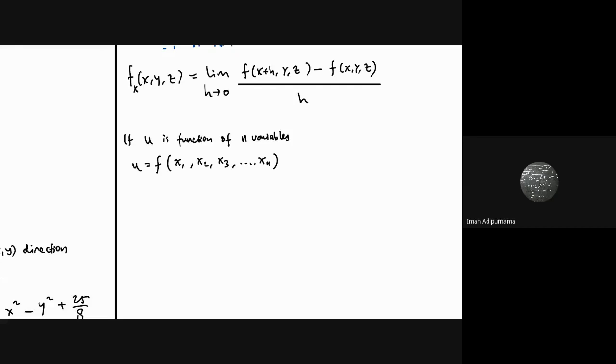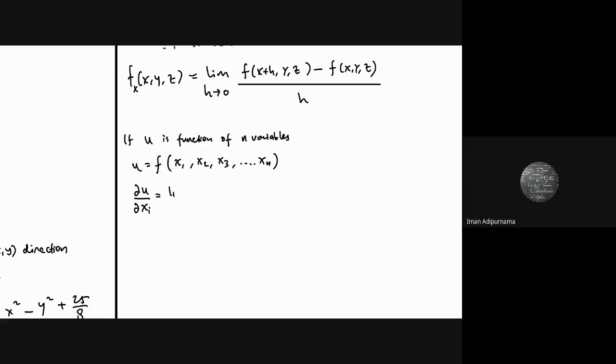And its partial derivative with respect to xi, which means you can change this to x, y, z, etc. But I will just use x1, x2 to get the idea that it can have as many as it can be.